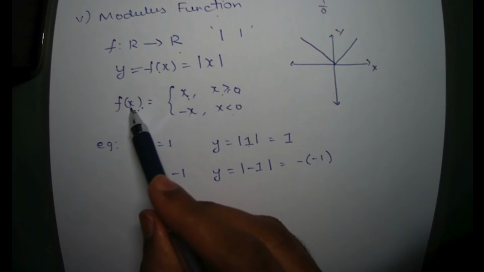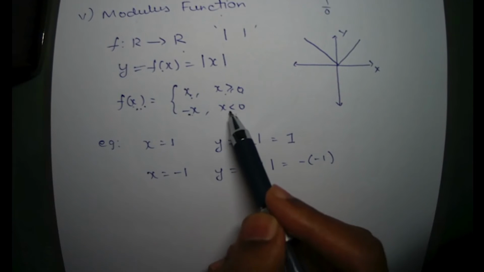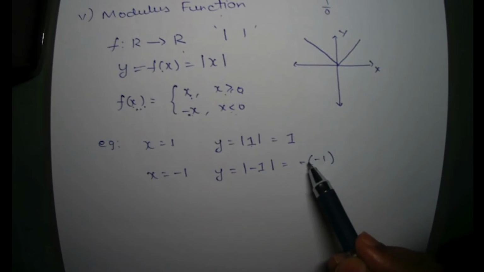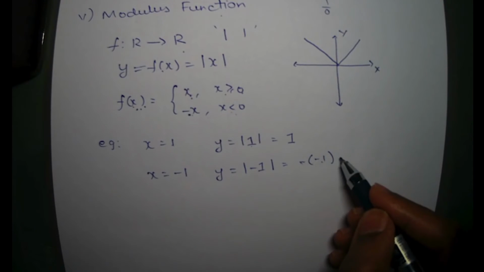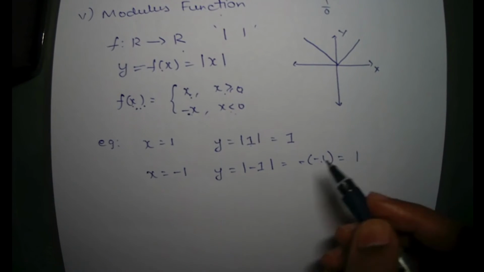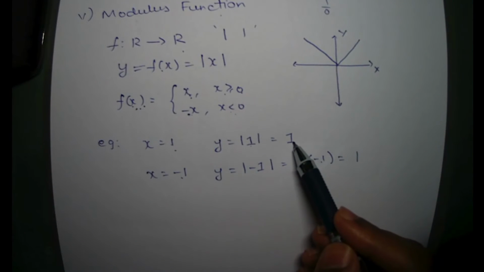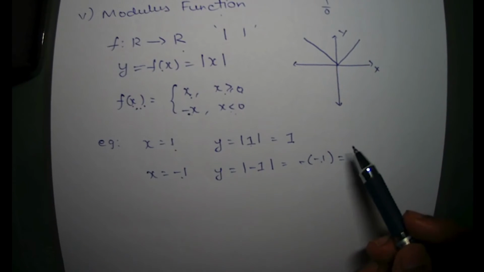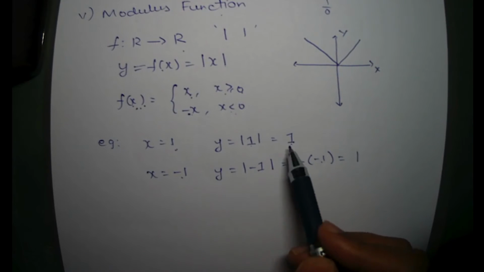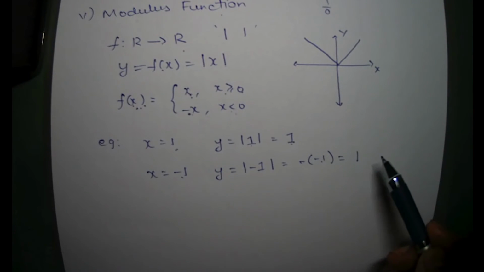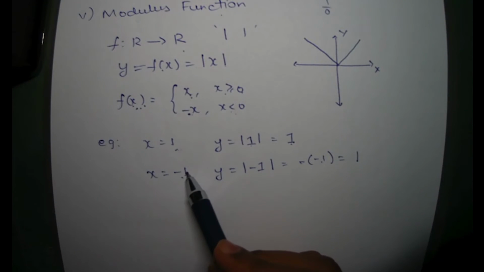According to the function, if x is less than 0, or negative, we have to take it as minus x. So minus of minus 1, we get plus 1. So we see that in the modulus function, for any value, the answer will be a positive number. For 1, we got the answer as 1. For minus 1, we got the answer as plus 1. So this is the modulus function, which gives us a positive number irrespective of what the value of x is.